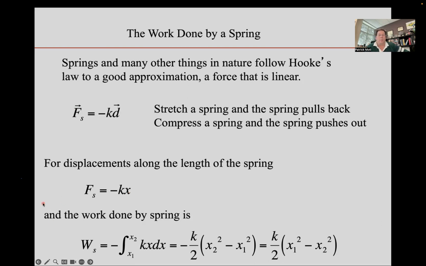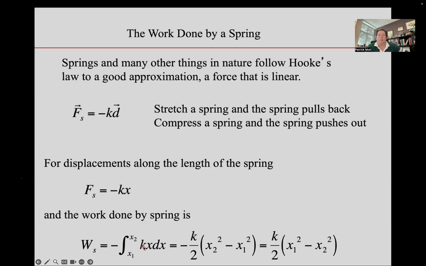So what we had previously, the work done by the spring, is equal to the integral of this force with respect to x. So the Hooke's law force is minus kx, integrated with respect to x. We start from some initial position and go to some final position.